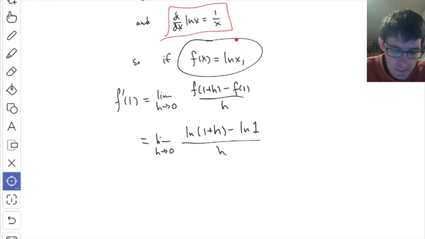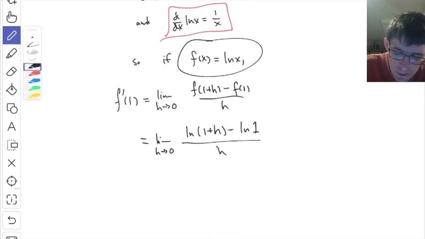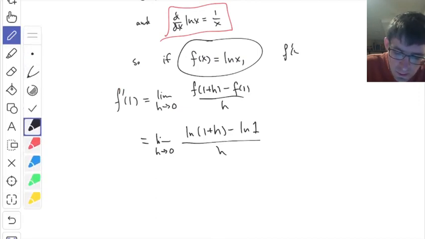What would you say f prime of 1 is? You know the derivative of ln x is 1 over x, right? f prime of x is 1 over x. This is the derivative of the natural log. And so what is f prime of 1? It is 1 over 1, which is 1, right?